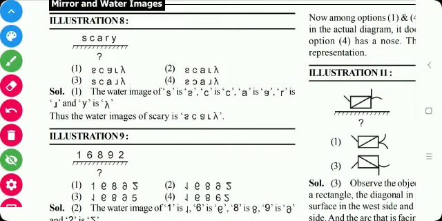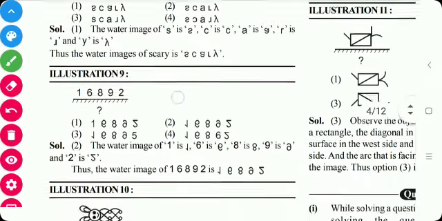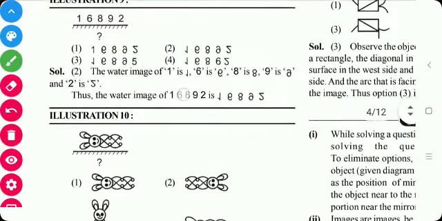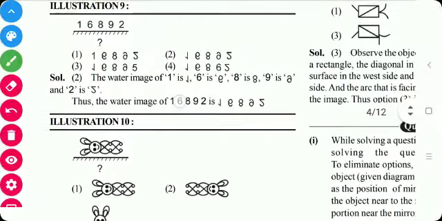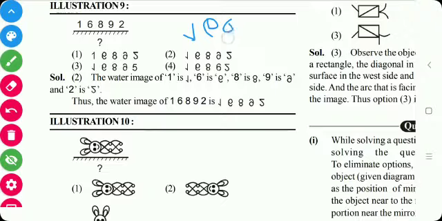Next, the water image of this number, 16892. So it is 1, 6, 8, 9, 2 is like this.